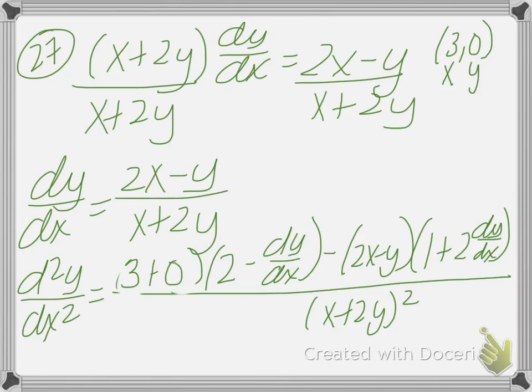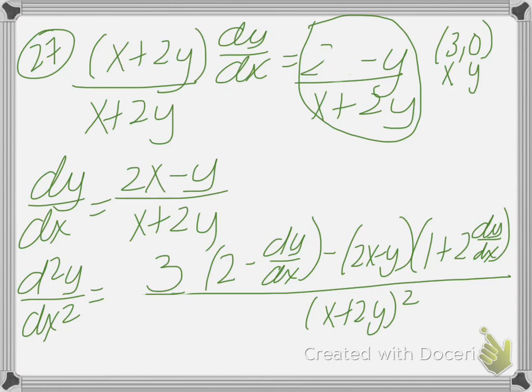So 3 plus 0 is just 3. So I can take this whole thing out, change that to a 3. Okay. Then I have 2 minus dy dx. Now, dy dx is actually this thing right here. Okay, so I can put 3 in for x, and 2 times 3 becomes 6.